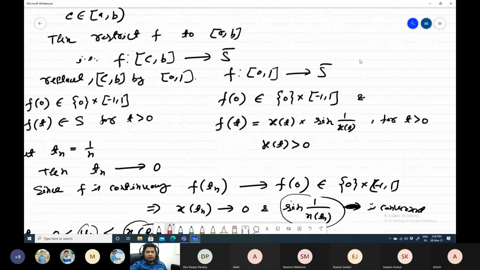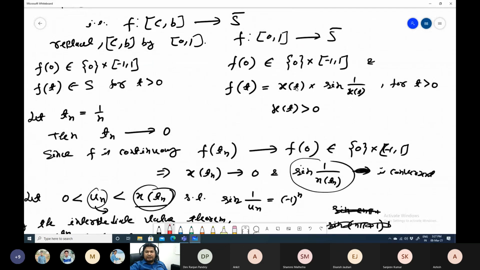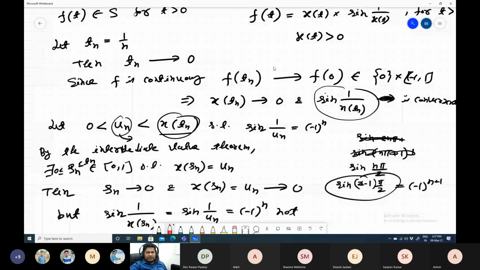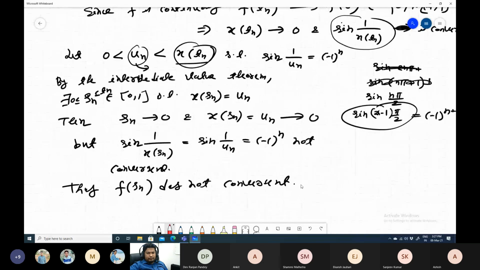So f is not convergent because f has two components: this is convergent but this is not convergent. So this is a contradiction. We assumed that it is path connected, this is wrong. So it is not path connected. This is the proof.